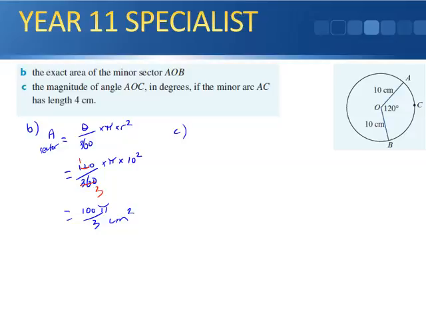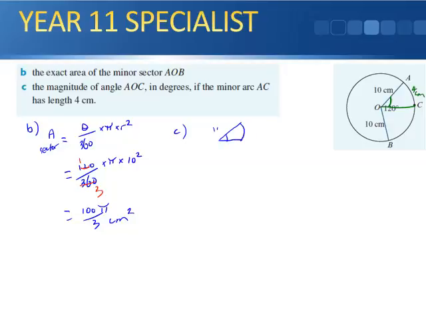And then part C, it says the magnitude of angle AOC. So I'm just going to come over here, change my color. There we go. Angle AOC in degrees if the minor arc AC has length 4 centimeters. So we're only concentrating on that little triangle. If I was to redraw it, I've got that.